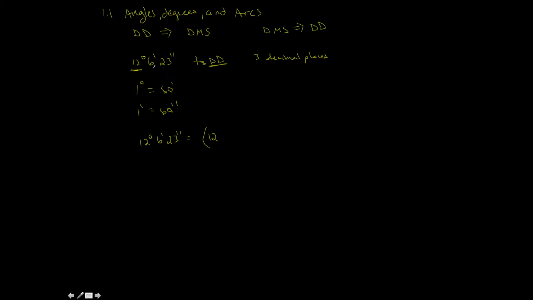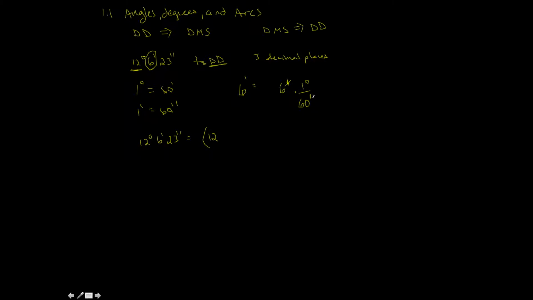Now, let's look at the 6 minutes. Let's look at that individually. All right, if I want to change 6 minutes to decimal degrees, well, there's 1 degree in 60 minutes.